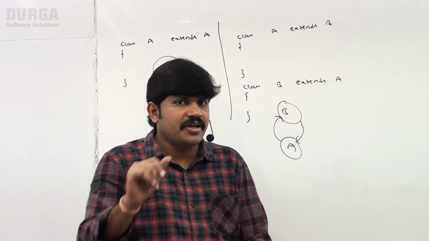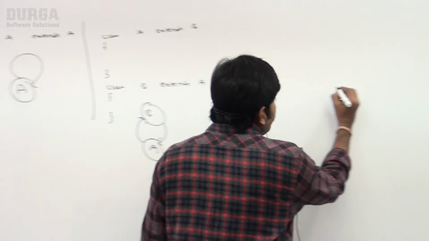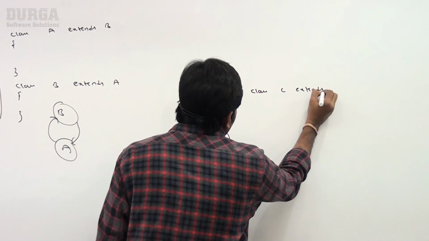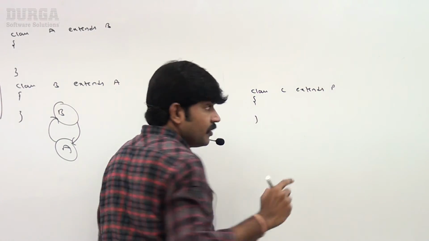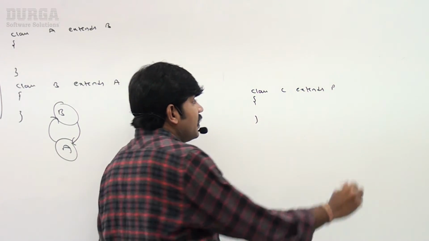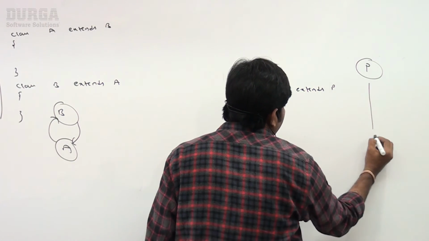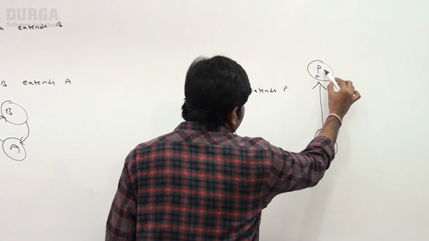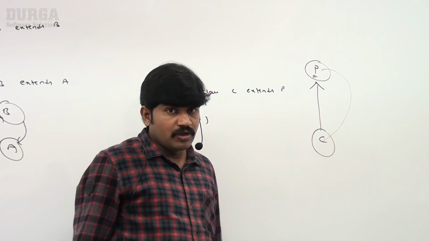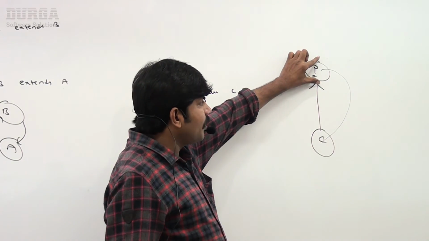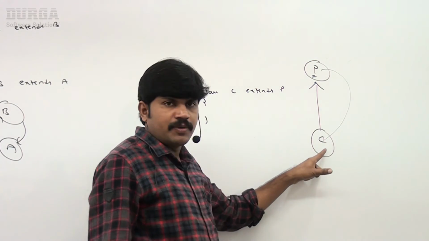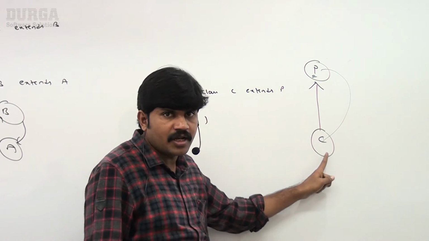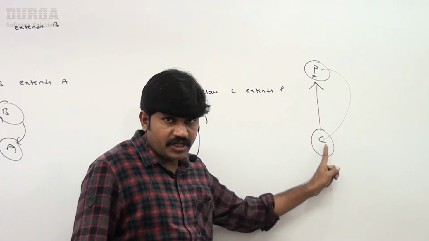Why is it not required? Observe that. If I take class C extends P, what is the meaning of that, sir? For P, I am creating a child class. Whatever members are there in P, I want them, and I don't want to rewrite them again. All members of P, can you please make them available to C? For the purpose of code reusability, I am creating a child class.